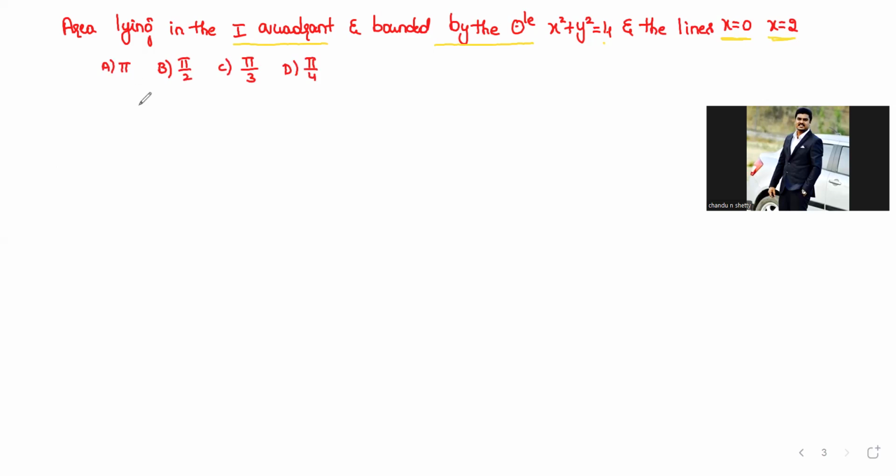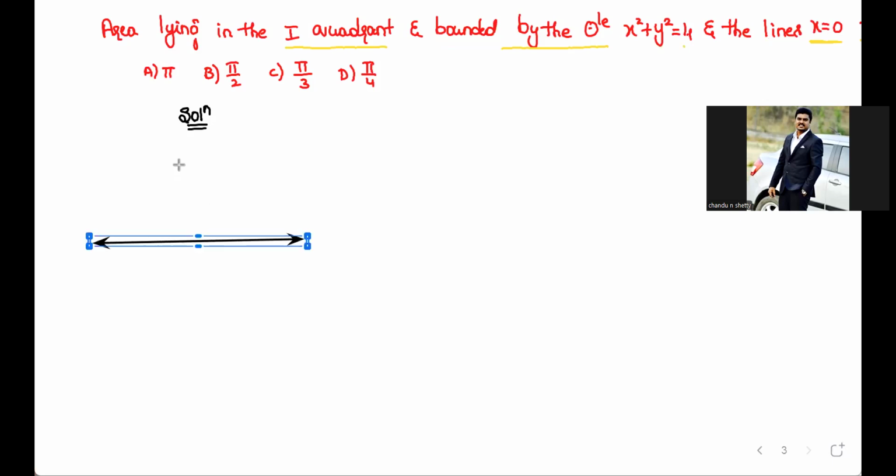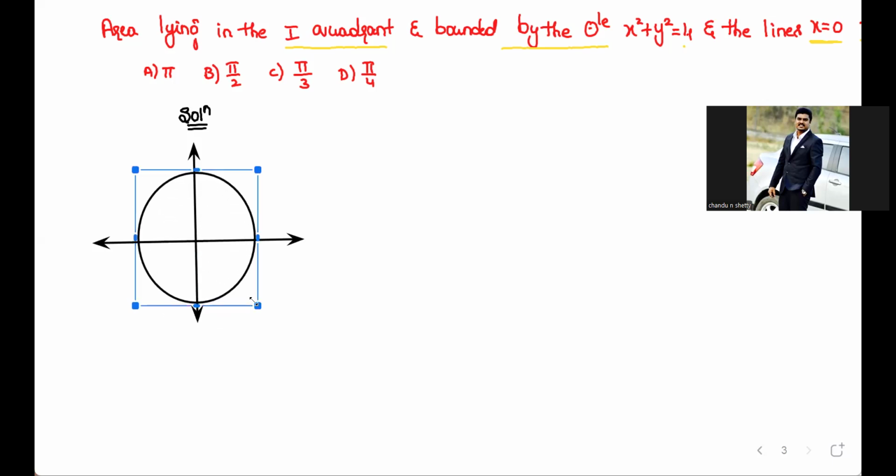Now all of you should observe, we are taking the same as the previous problem. We are taking the Cartesian plane, and again we are taking a circle. Observe this equation x square plus y square equal to 4.